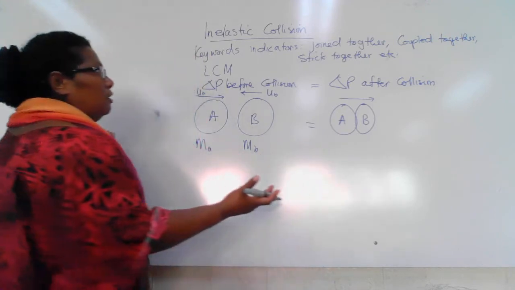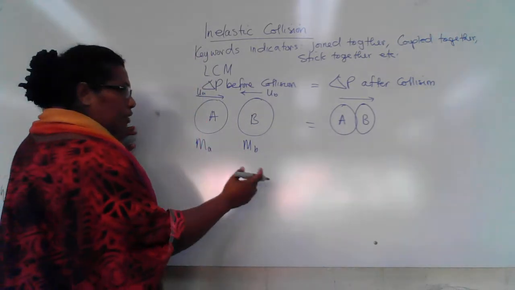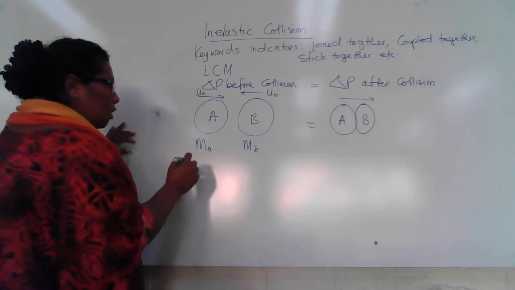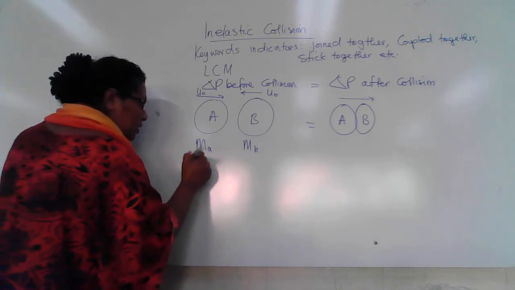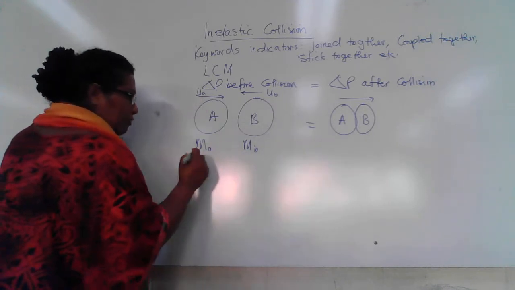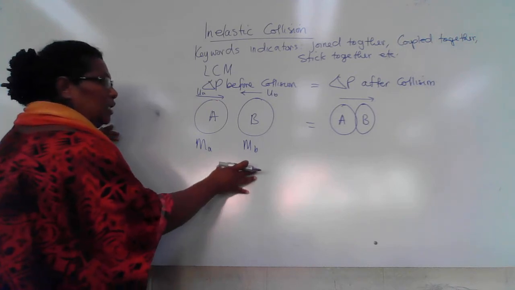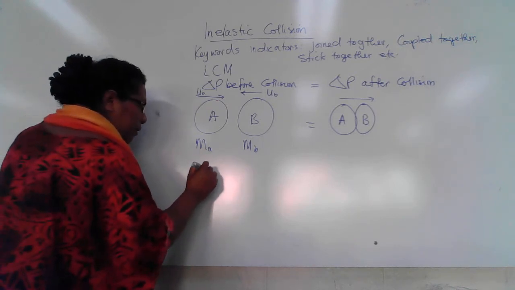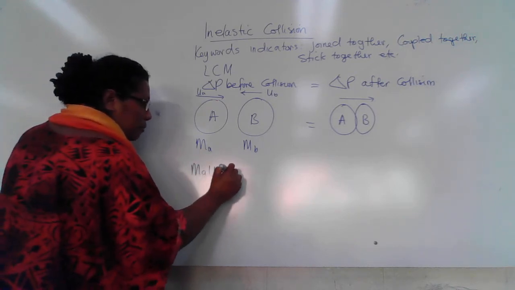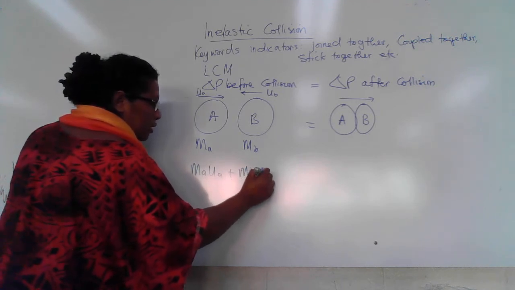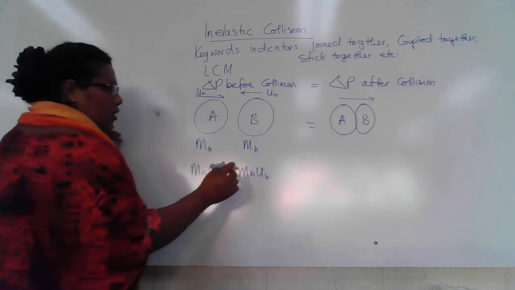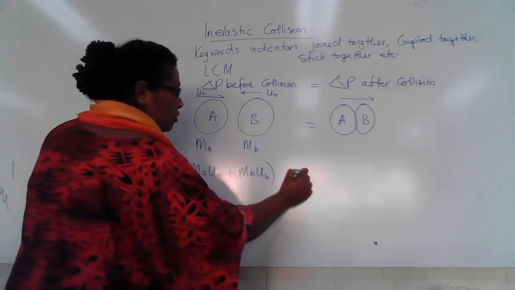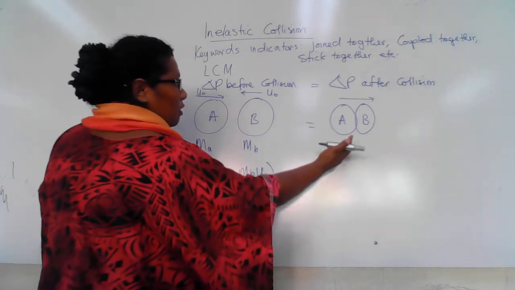So to solve inelastic momentum, we still apply the same law, and this time we look at the system of momentum before collision and after collision. Before collision, they're separate. So we have MA UA plus MB UB, and that should equal them together.